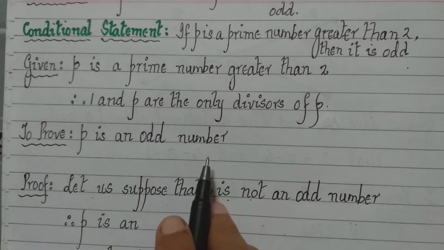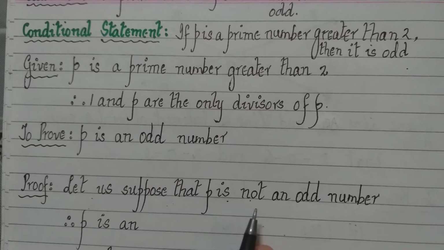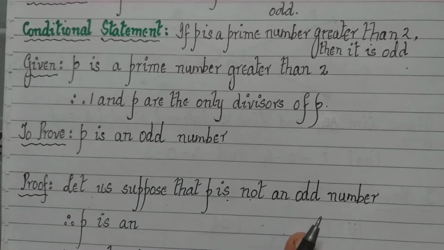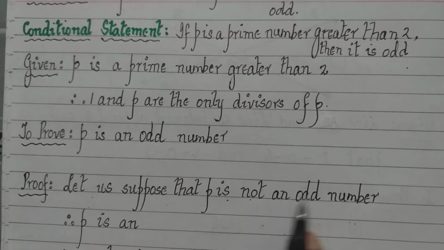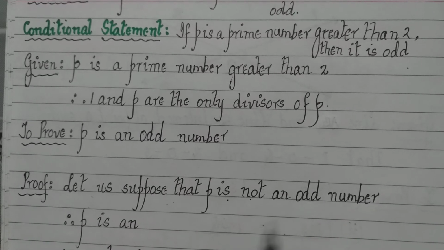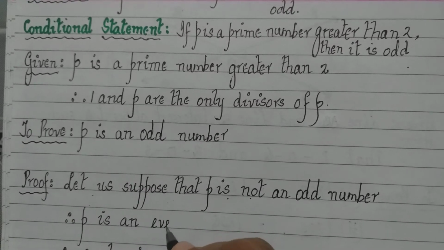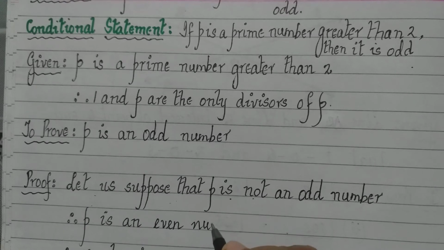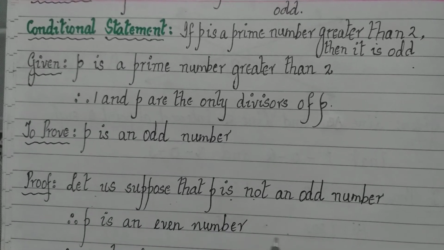We have to prove that P is an odd number, but in an indirect proof we say just the opposite, that let us suppose that P is not an odd number. If it is not an odd number, what type of number should it be? The opposite of odd is even. Therefore, P should be an even number, right? Which are even numbers? 2, 4, 6, 8.